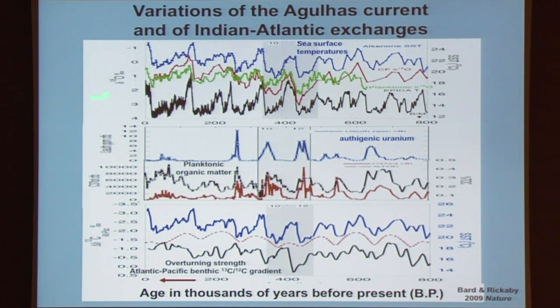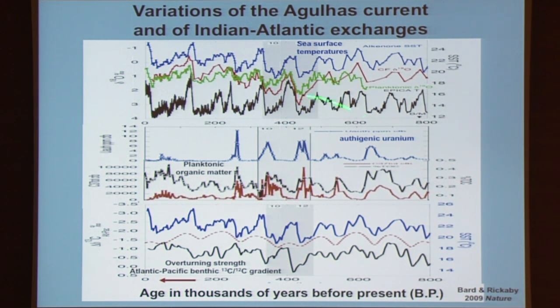What can be seen here is what we can catch with the proxies that we measure for temperatures. For example, we measure some specific organic compounds that tell us the sea surface temperature of the time. We can see large changes of the temperature corresponding to glacial, interglacial changes. But superimposed on that, we can see specific glacial maxima that were much colder than what we expected before.